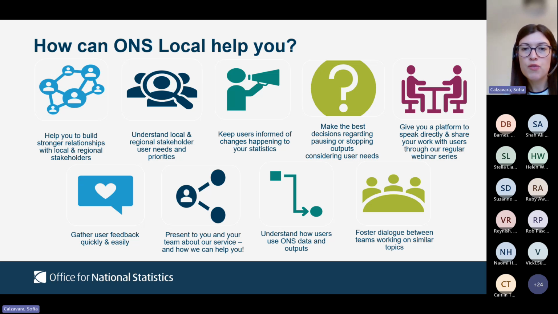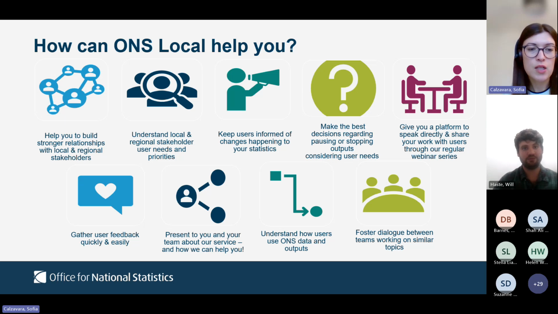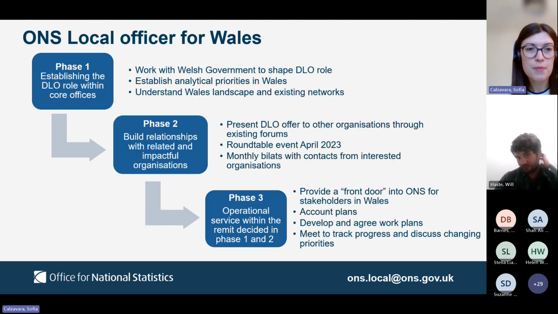Make the best decisions regarding pausing or stopping outputs considering user needs, and really give a platform for the subnational work to be showcased, for example, through some webinars that ONS Local are running regularly. There are a number of other aspects of the service that I'm not going to cover right now. But if you are interested, do have a look at the slide.